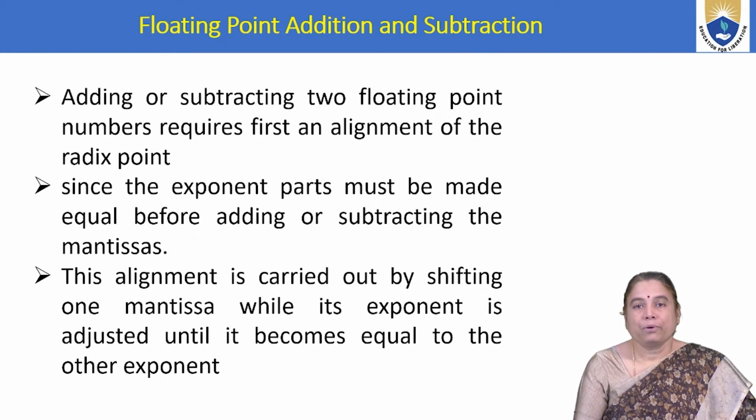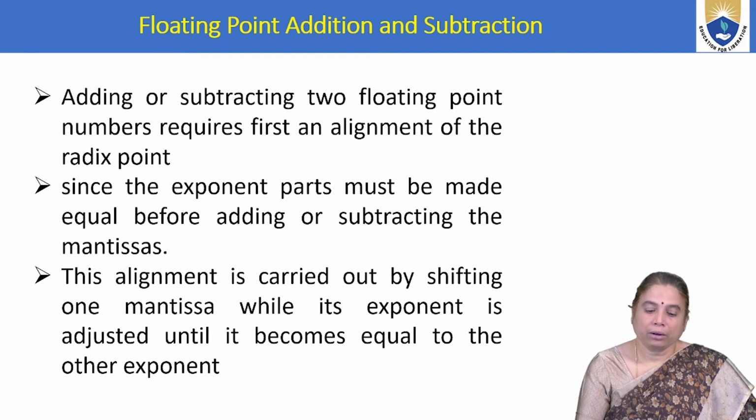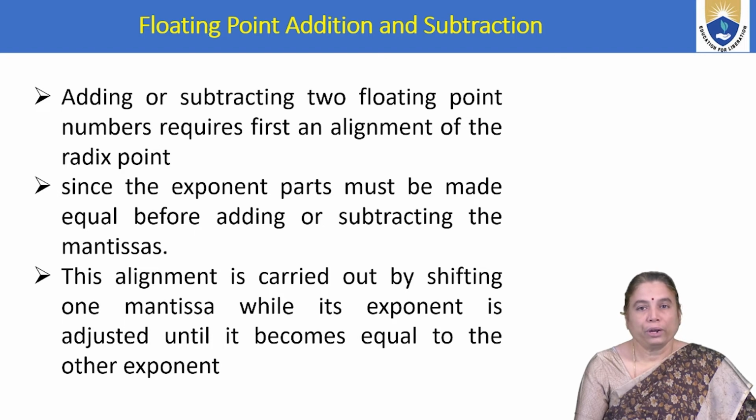So how can floating point addition and subtraction be carried out with the help of the addition subtraction algorithm? Adding and subtracting two floating point numbers first requires an alignment of the radix point.